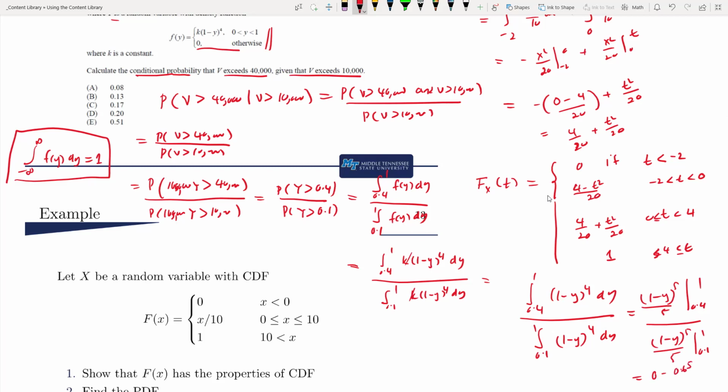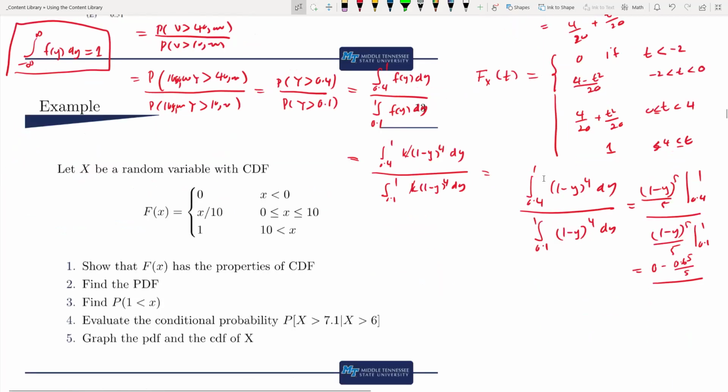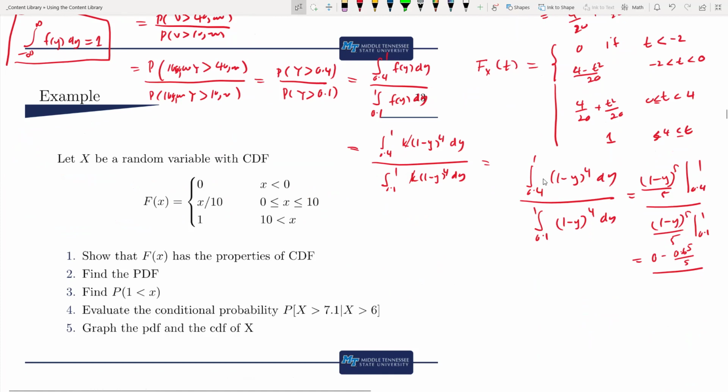Then 0.6 to the 5 over 5. Then on the bottom you will have 0.9. So basically 0.6 over 0.9 to the 5.